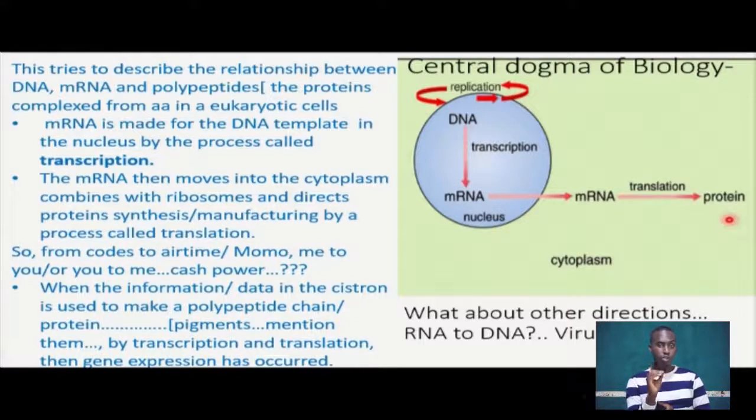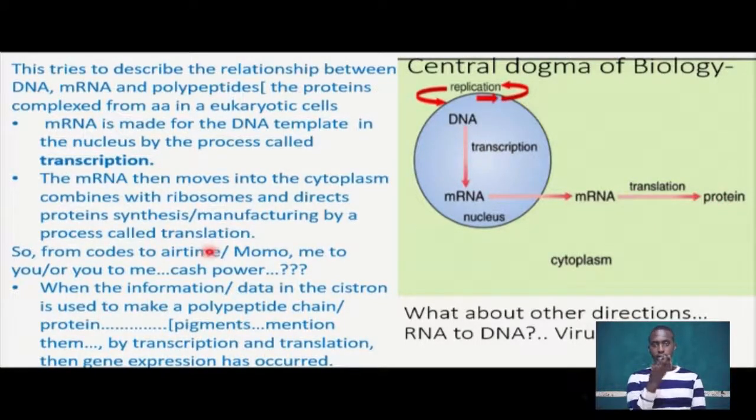So, this simply shows us the connection between the DNA and the protein we make. The bridge is mRNA. The process is transcription from DNA to mRNA, and then we translate the transcribed message in the cytoplasm to form a protein.